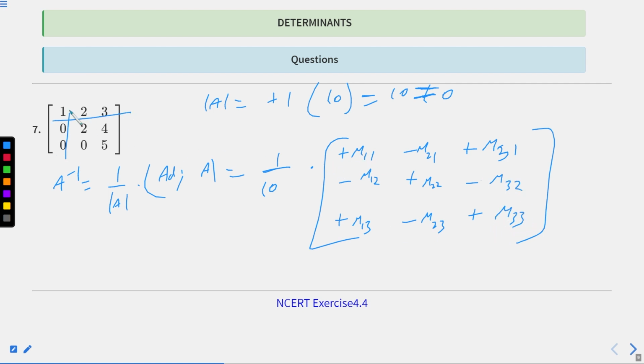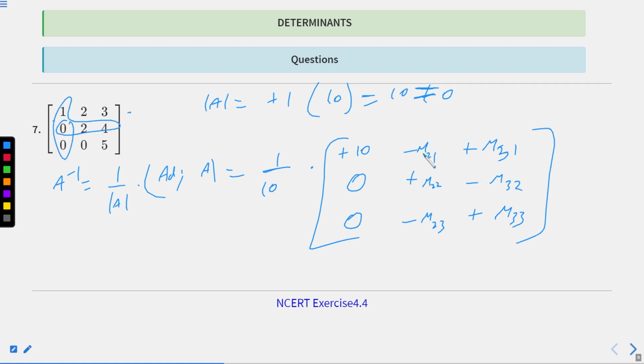Now M11, just eliminate this. What you will be left with? Just 10. Now M12, eliminate these. You will be left with 0. Now first row, third column, 0. Clear? Now second row, first column.